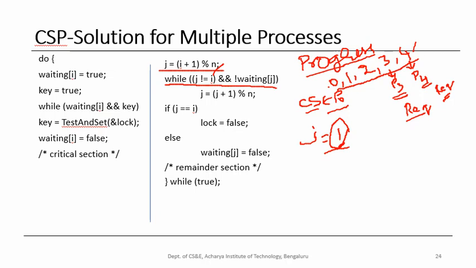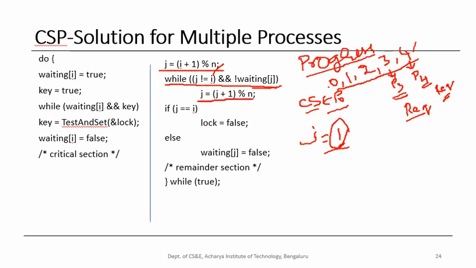Now j is equal to 1. What is the second statement? That is not waiting of j. That means the process P1 has not shown any interest to enter into the critical section. So waiting of 1 will be false. Not of that is true. So therefore both are true.